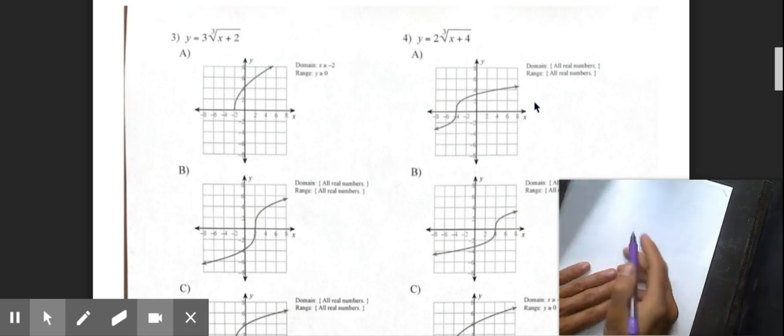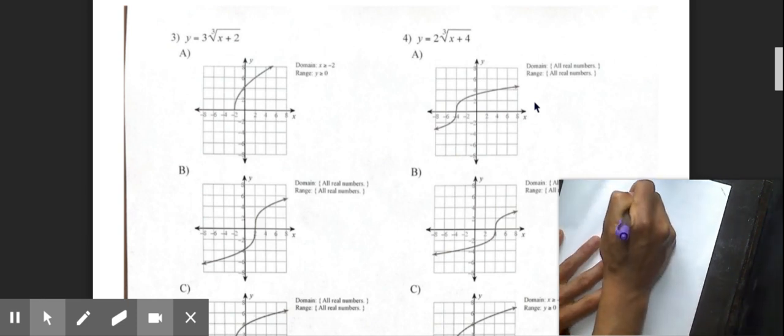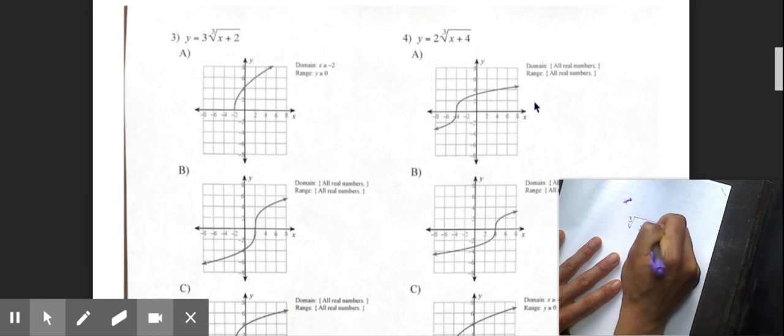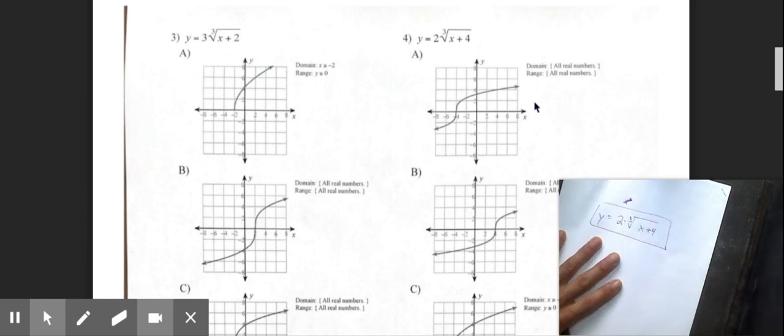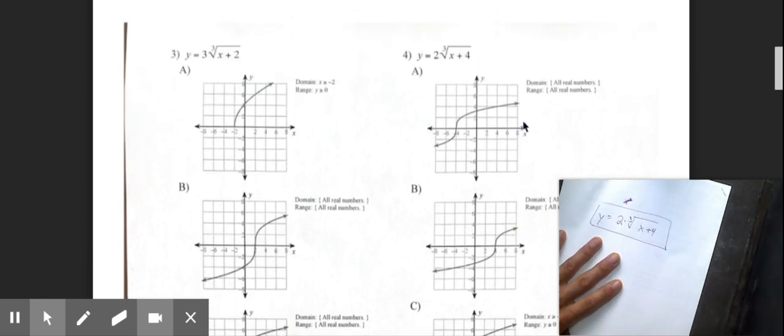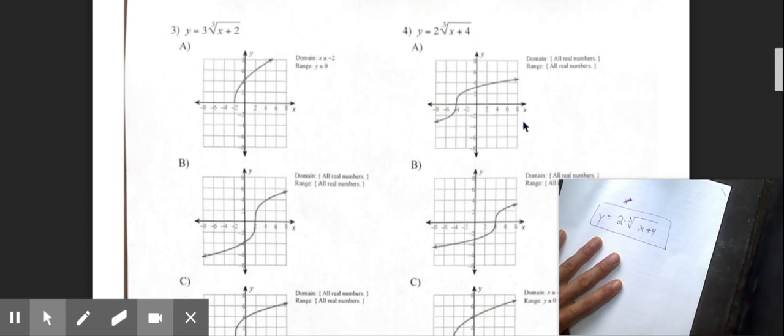Okay, using that same idea, on number 4, I've got another sheet of paper. On number 4, you have a cube root function again, but this time it's translated to the left 4 with that +4 and is being stretched by a factor of 2. So when I look at the pictures, which one is moving to the left 4?